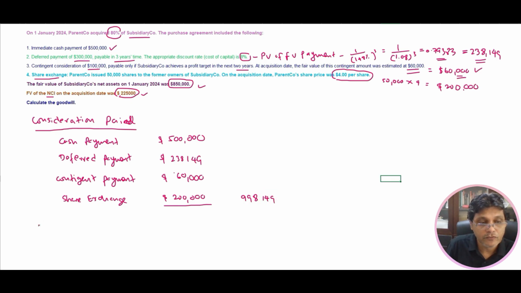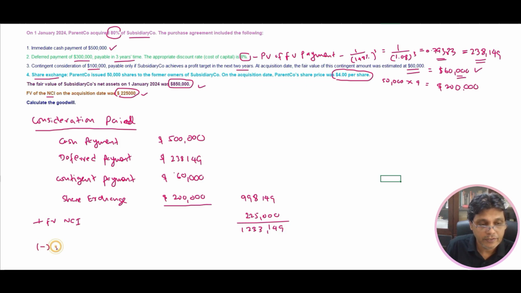Okay, now to this you need to add the fair value of NCI at acquisition, which is given, 225,000. So it comes to 1,223,149.